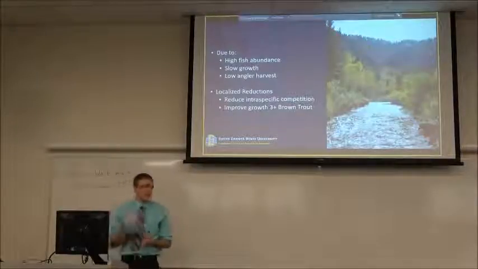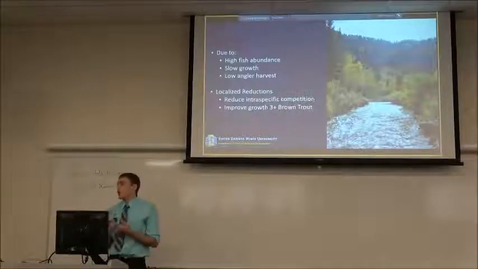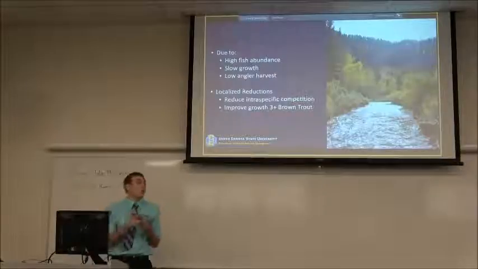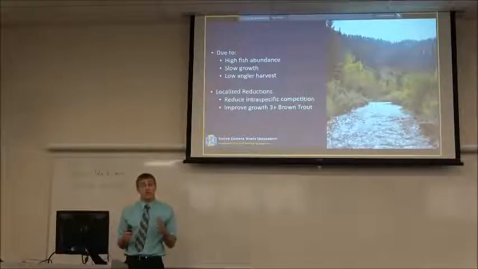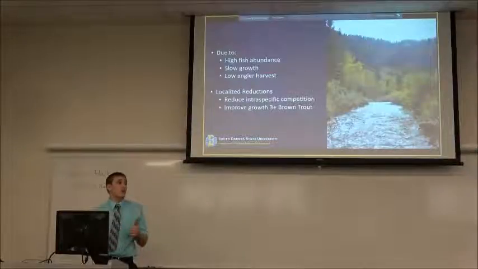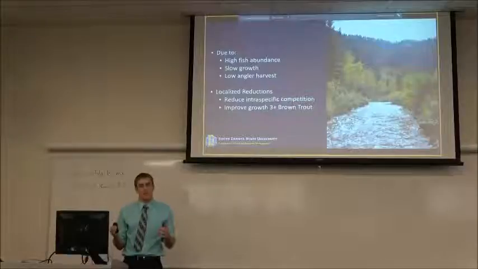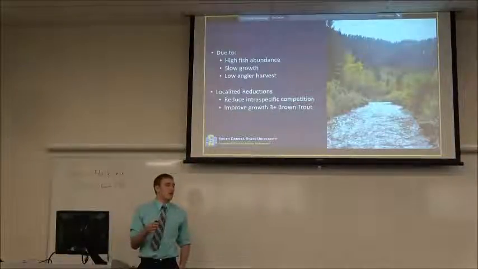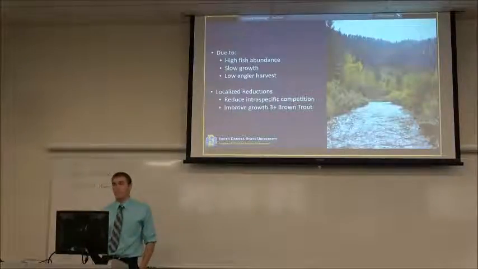So again, due to this high fish abundance, slow growth, and low angler harvest, and really low potential for angler harvest, one management strategy for improving those growth rates and improving size structure is density manipulations. And what I'm talking about is localized reductions in brown trout.